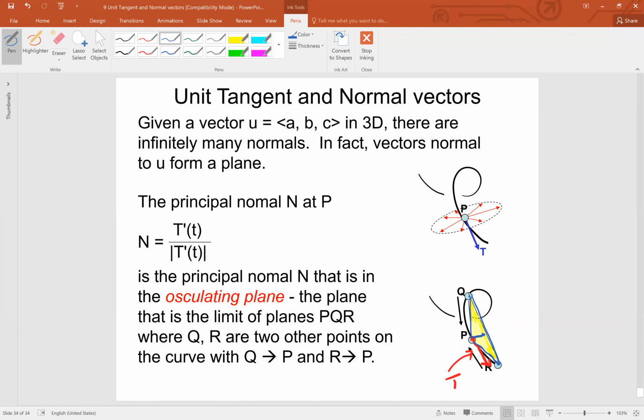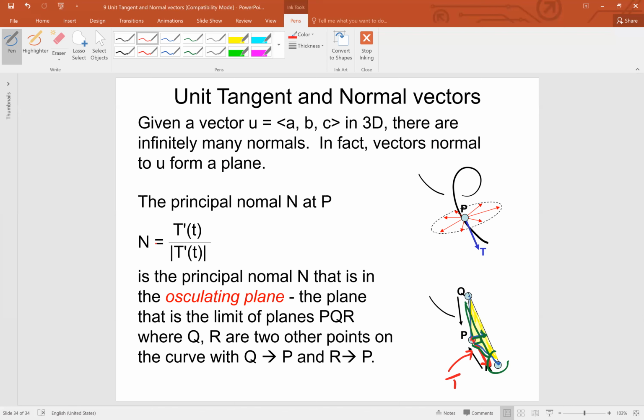In that plane there is a normal vector perpendicular to the tangent. Then I move the points Q and P closer and closer, so the plane fits the curve at point P more and more. That plane is called the osculating, or kissing, plane. It's the limit of all the planes as you take the points closer and closer toward the point P.